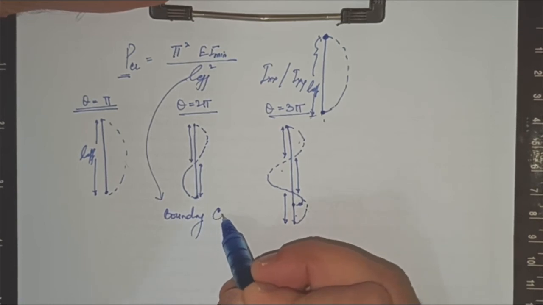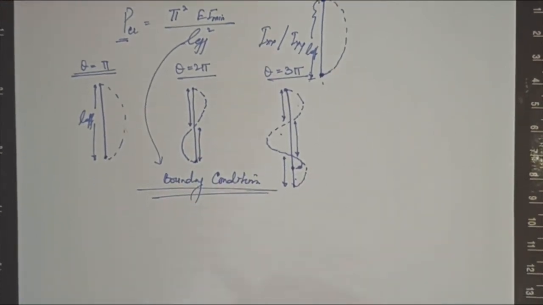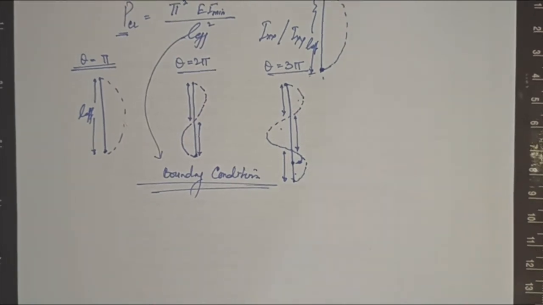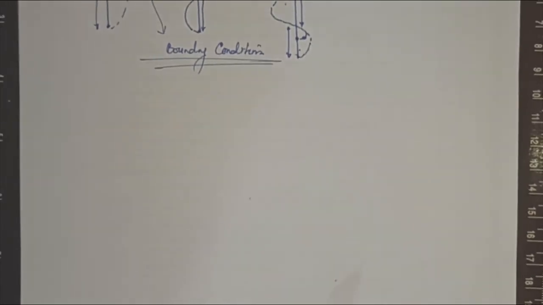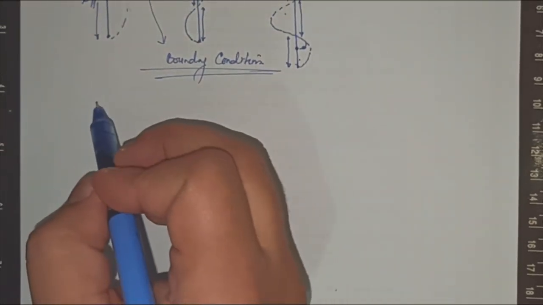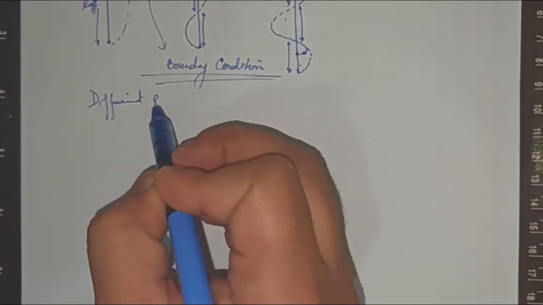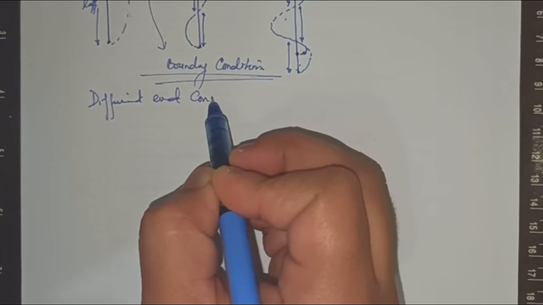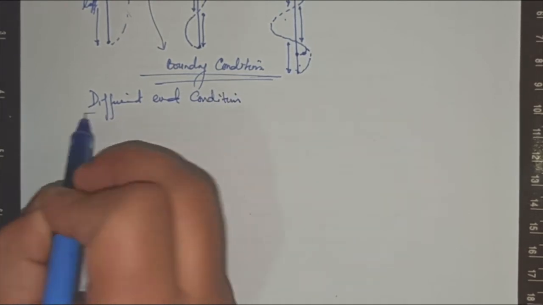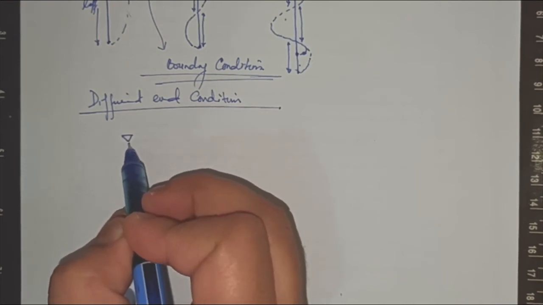Boundary conditions. Now we'll be talking about different boundary conditions that a column may experience, as we are talking about the effective length of the column. So, different end conditions, what will be our case? One of the cases may be the pin case that we have taken.